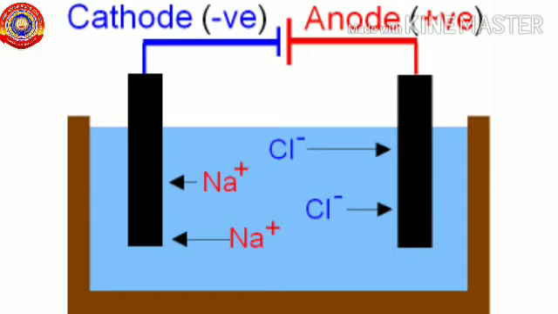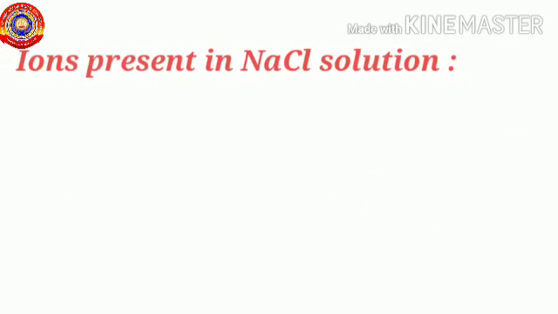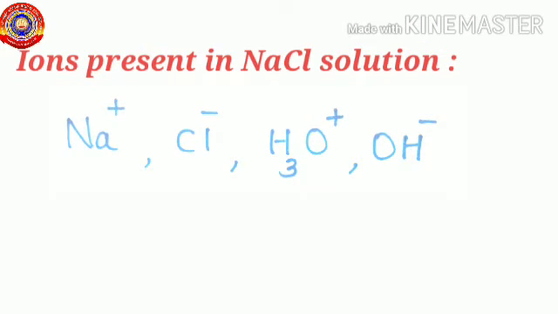Next, we will see the electrolysis of sodium chloride solution. The ions present in sodium chloride solution are Na+, Cl-, H3O+ and OH-. H3O+ is the hydronium ion, OH- is the hydroxyl ion. Since it is a solution, water molecules are also present in this.